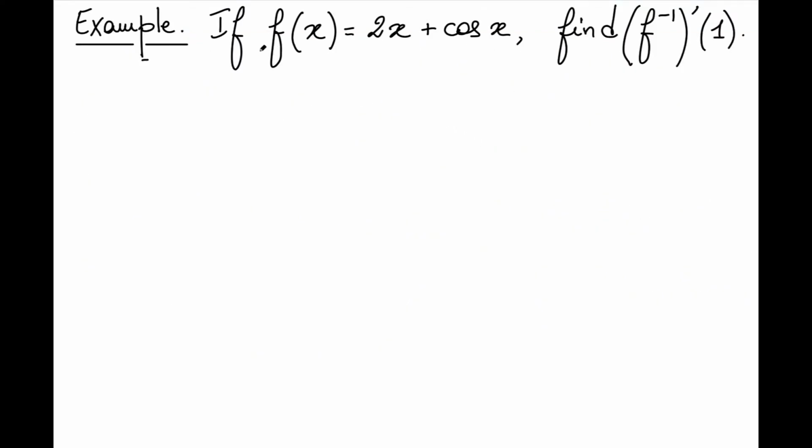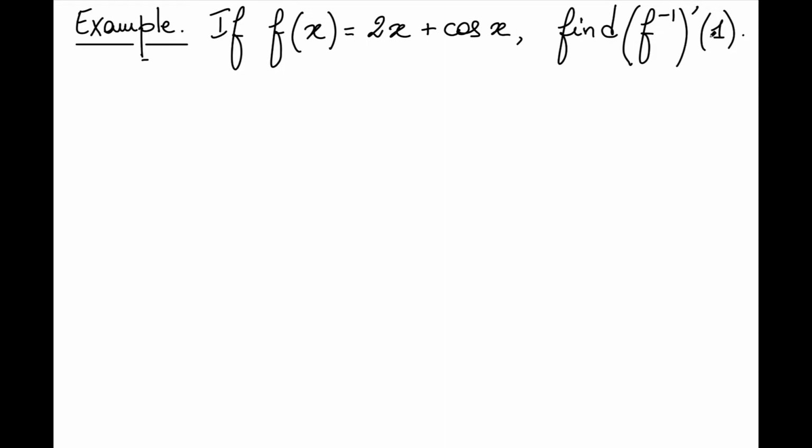So let f of x be twice x plus cosine of x. Find the derivative of the inverse function at 1. So in this context, the inverse function is hard to find, right? However, according to the previous theorem, we may be able to find the derivative of that function at the point 1 even without knowing it.